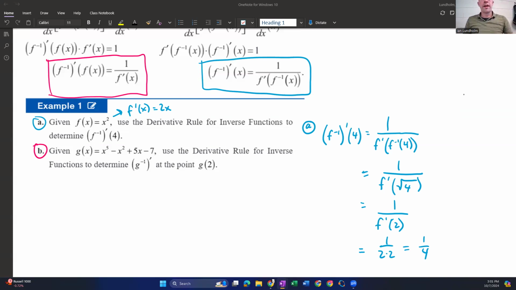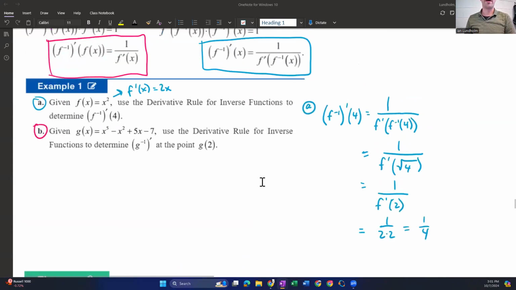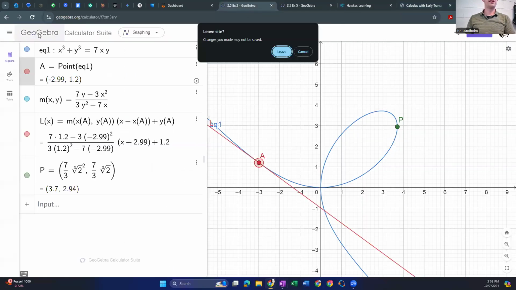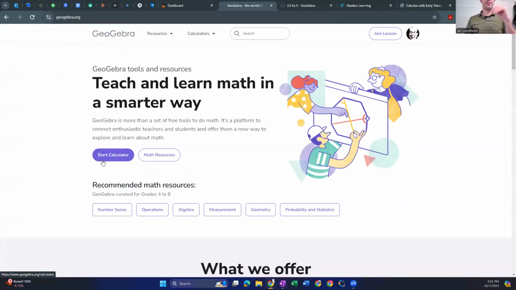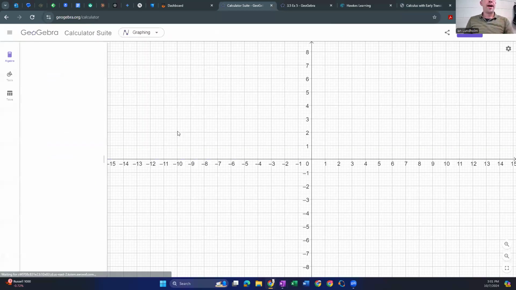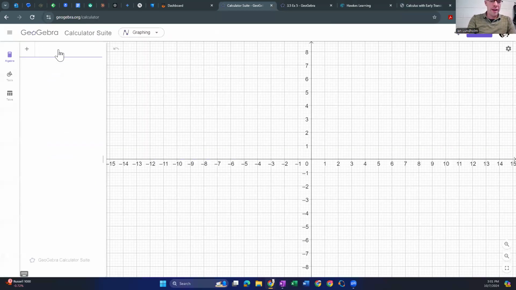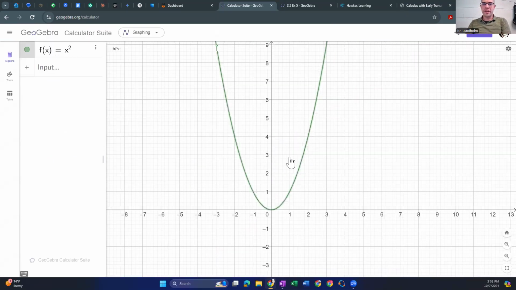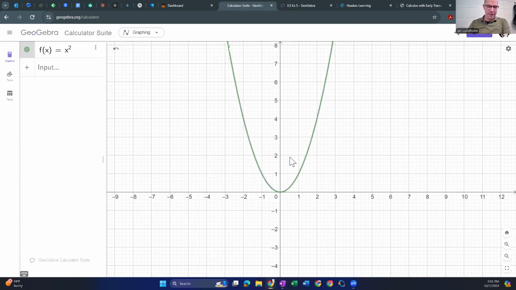If we went to GeoGebra real quick to graph this up, I don't think I have this already done. Let's do this. f of x was x squared. Okay, there's our original f.